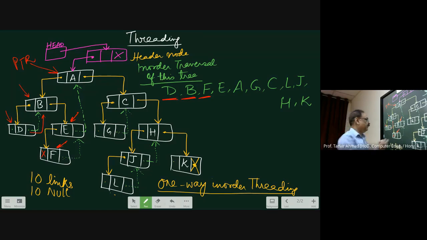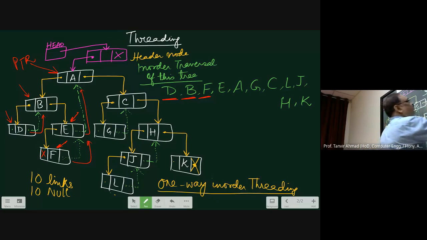Therefore, I follow this back pointer and come to E. Then I find E doesn't have a right child. Therefore, I follow this one, and here I process E, and then I will come to A.